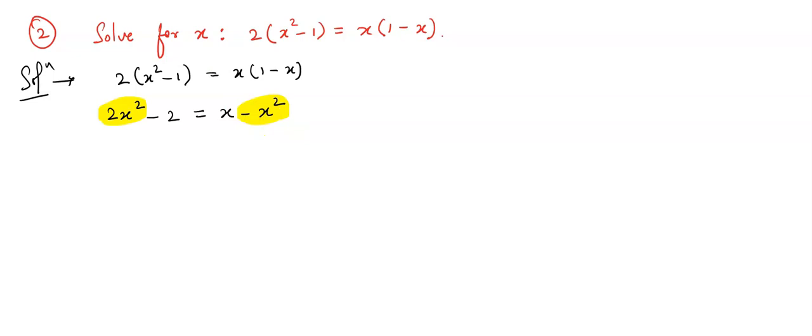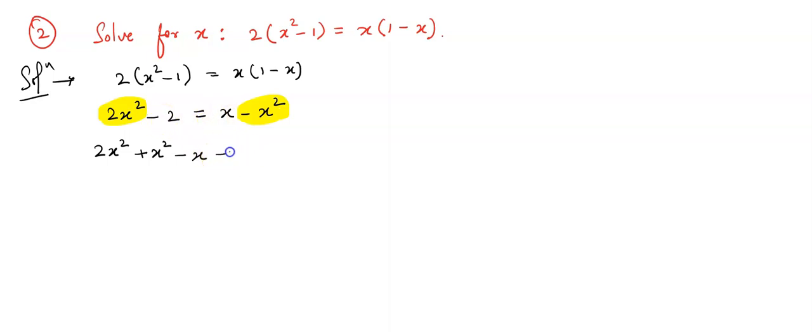So what we can do here, shall we bring this minus 1 to the opposite side? So 2x² minus x² comes this side; minus x² if it comes this side becomes plus x². If plus x comes this side, it becomes minus x. Because whenever you get second degree, remember you get a quadratic equation.